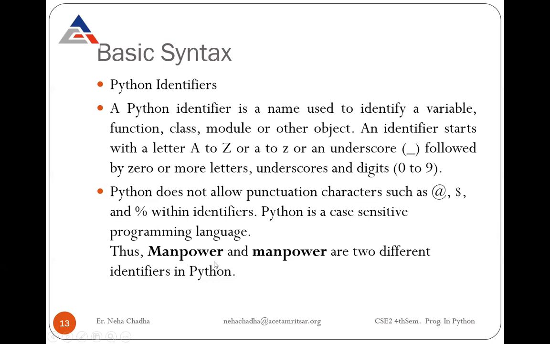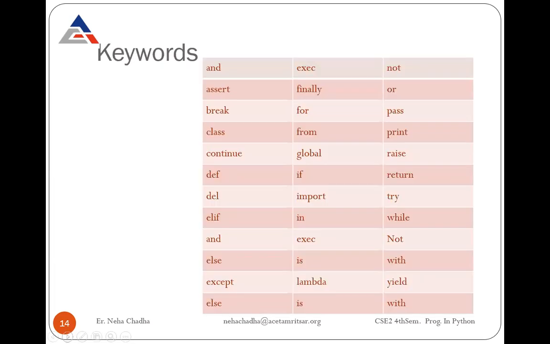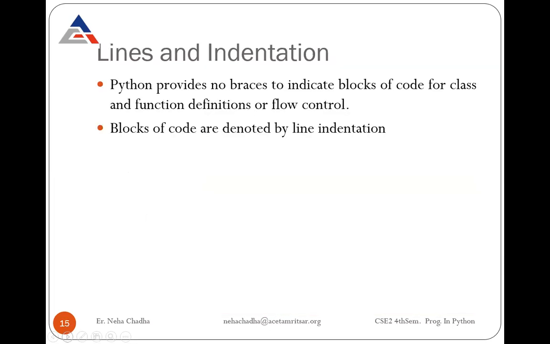Here is an example, Manpower and manpower. Here I'm writing M as a capital. Here I'm writing m in the small. Both are different and considered as different identifiers in the case of Python. There are some keywords that you will use and come to know, these are the keywords that we are going to use in Python. Keywords are the reserved words.